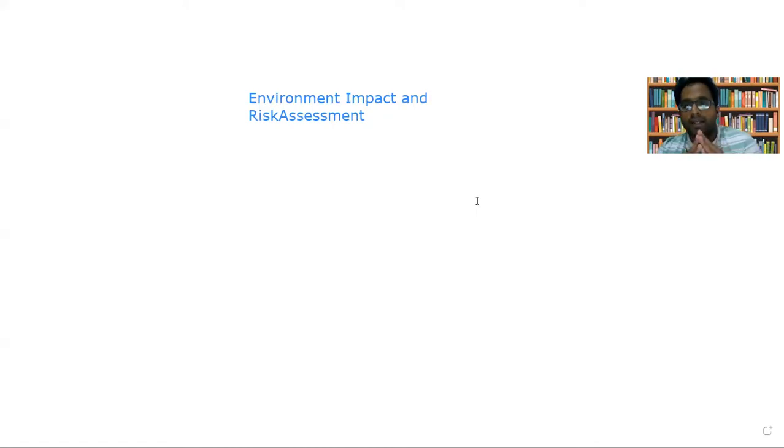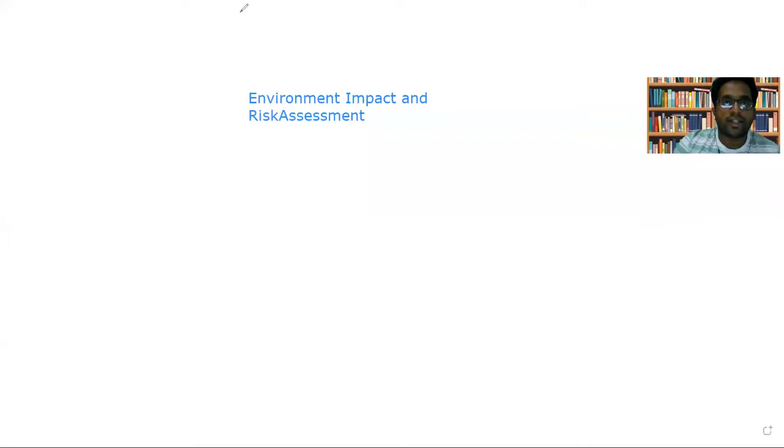If an environment impact assessment is not carried out, the degree of harm caused to the environment, or the degree of environmental issues arising due to this particular development project, will not be taken into consideration, or there won't be any method by which a quantification or an assessment can be made of the damage occurring to the environment due to this developmental activity.